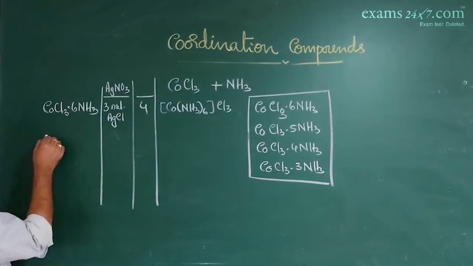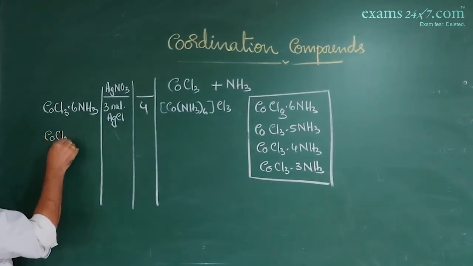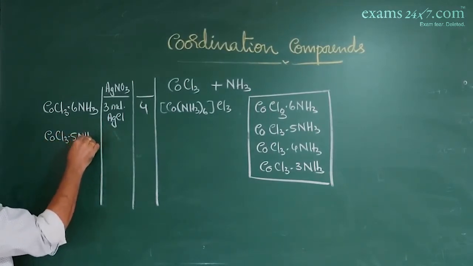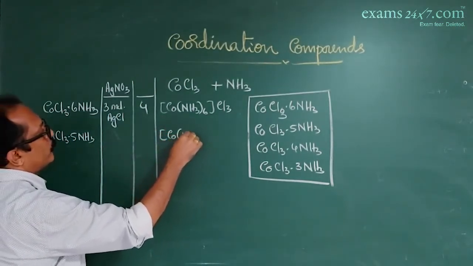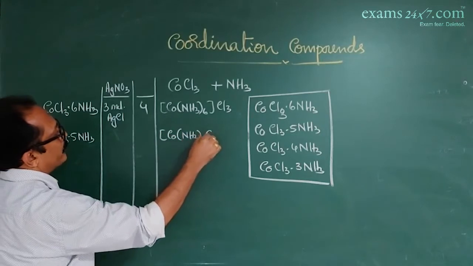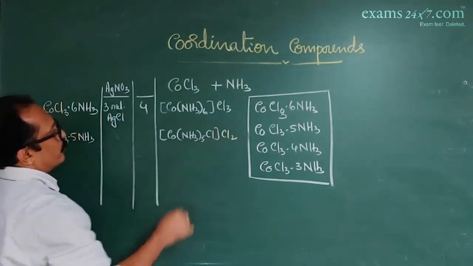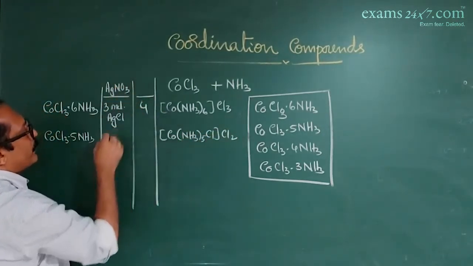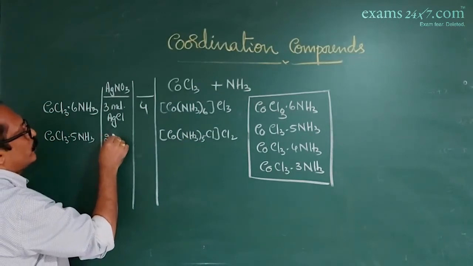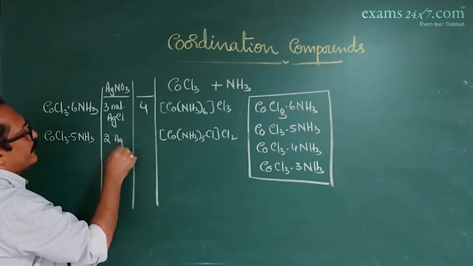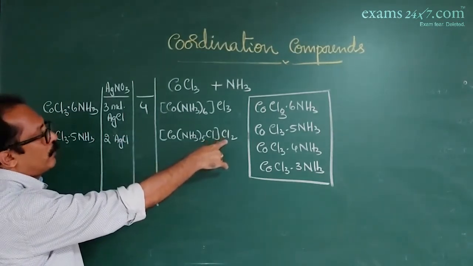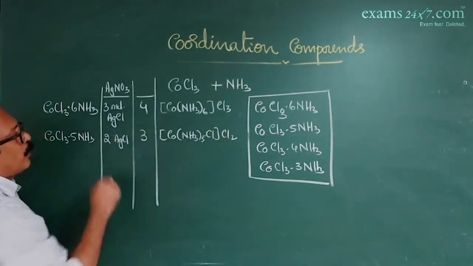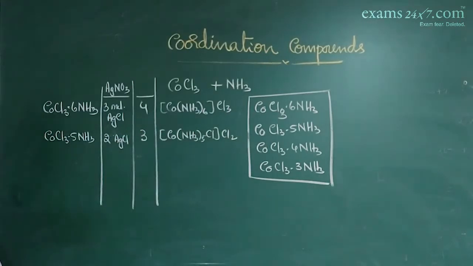Similarly, for the next complex, CoCl3·5NH3, first I'll write the formula of the complex: [Co(NH3)5Cl]Cl2. This complex on treating with AgNO3 gives 2 moles of AgCl, because there are 2 simple ions, but the total number of ions formed is equal to 3.